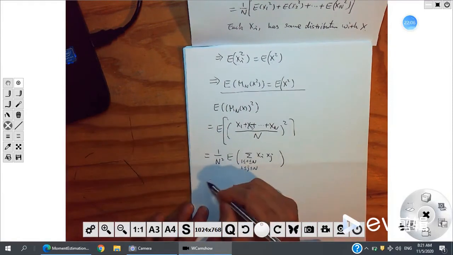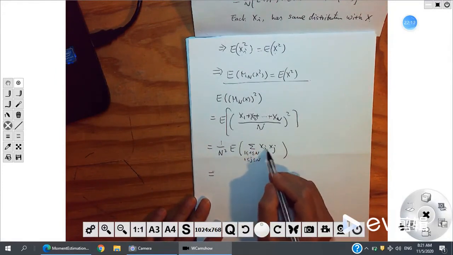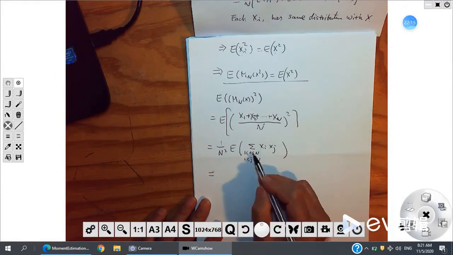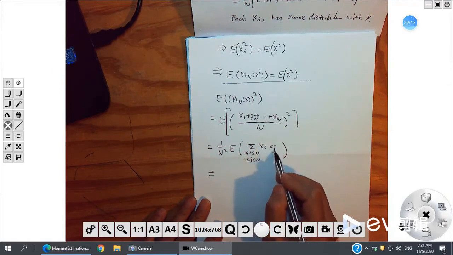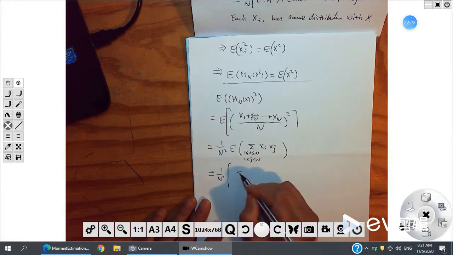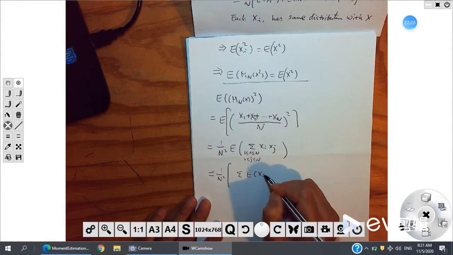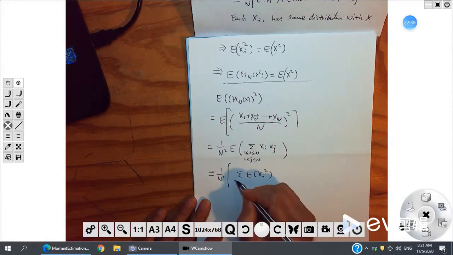Okay, now let me separate. Now the summation, for different i, different j. I separate them into two cases: i equals j, or i does not equal j. 1 over n squared. I say E of the summation of xi squared, where i runs from 1 to n.